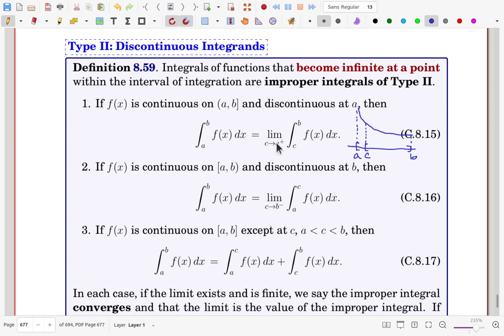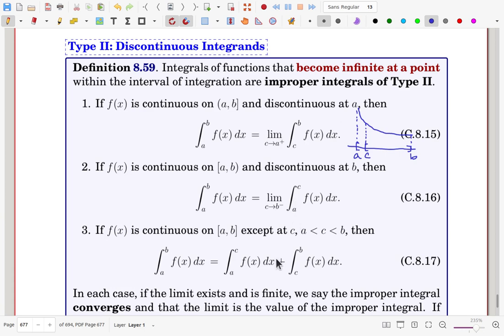Now, once the function value is infinity at the right end, then similarly, we get the integral up to c, and we take a limit as c approaches b from the left-hand side.